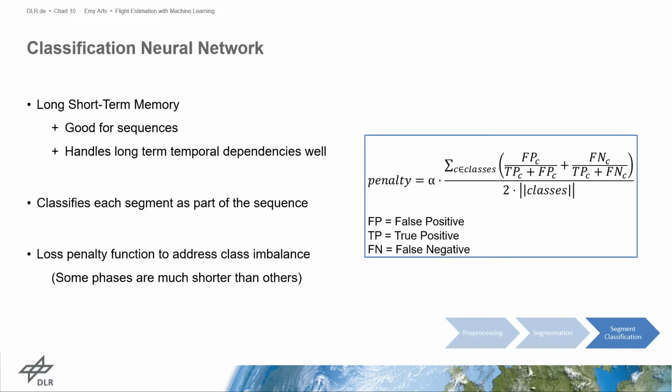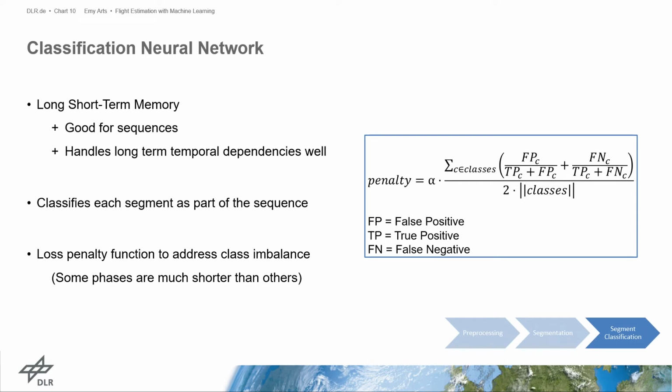However, by introducing this penalty function, we add a penalty to the loss that the network then also has to minimize. In our case, the penalty function consists in the average ratio of false positives and false negatives for each class or each flight phase. This is then averaged over the number of flight phases and multiplied by an influence factor alpha.